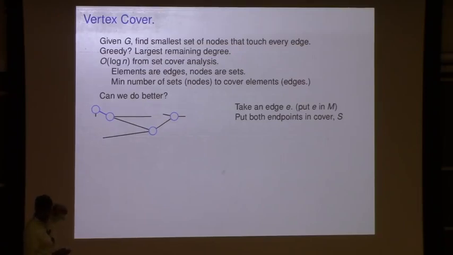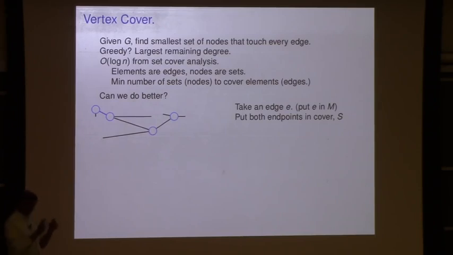The other ones are going off to the rest of the graph. These edges are going off and it's connected to some larger graph. That's the imagery you should be having. So you take one of these edges. Now I'm going to do something weird. To cover this edge, I'm not just going to cover it, I'm going to cover it.